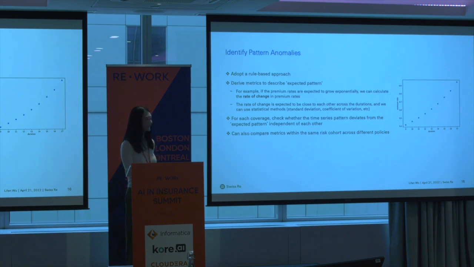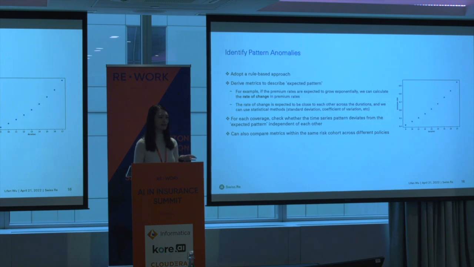Compared to value anomalies, checking patterns is more straightforward because we do know what we expect for that policy. So most of the time we just use a rule-based approach. Here is a very short example. If we expect that the premium rates grow exponentially, we can just calculate the rate of change of the premium rates.